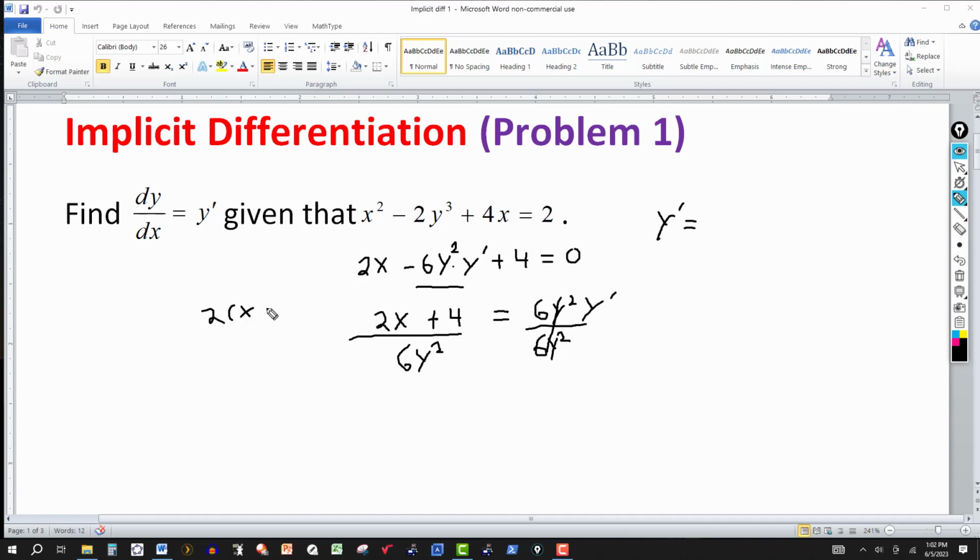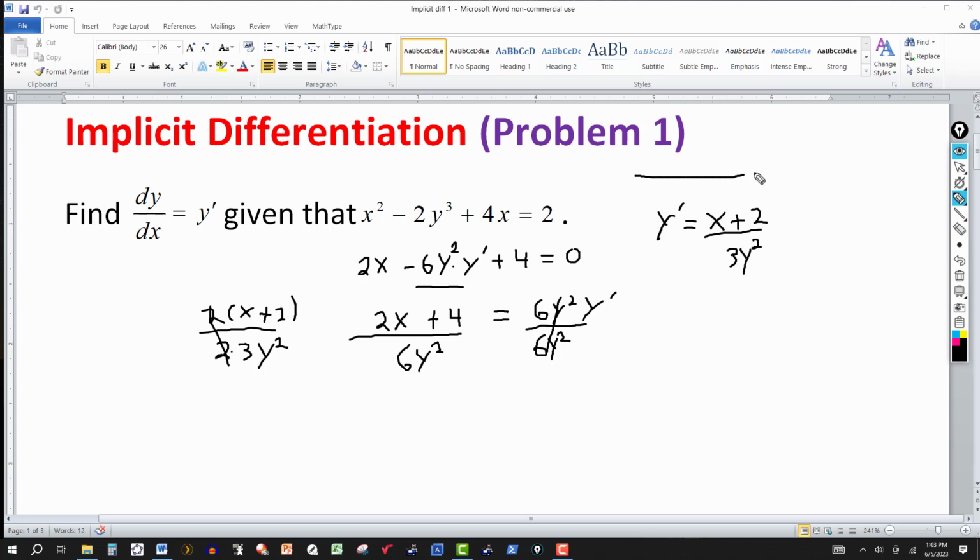Give me 2 times x plus 2. And of course the denominator, 6, has a factor of 2. 2's divide out. So the derivative of y with respect to x, denoted here by y prime, is going to be x plus 2 over 3y squared.